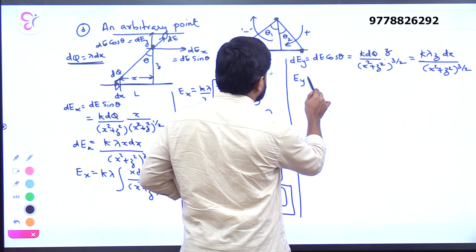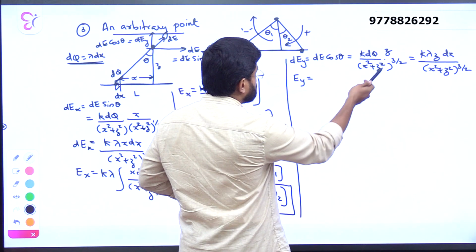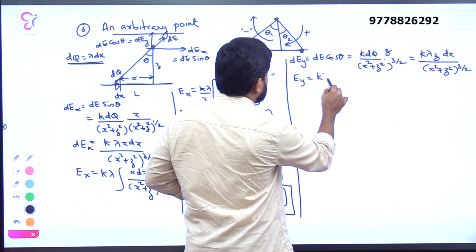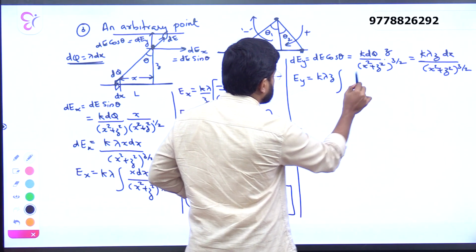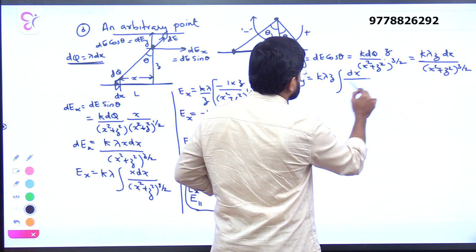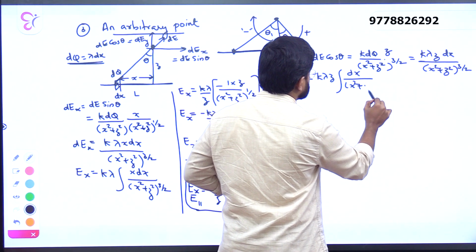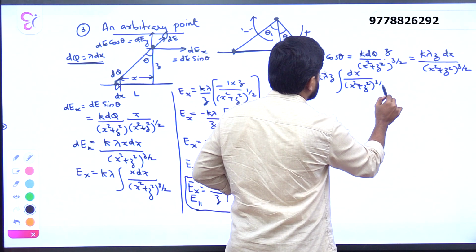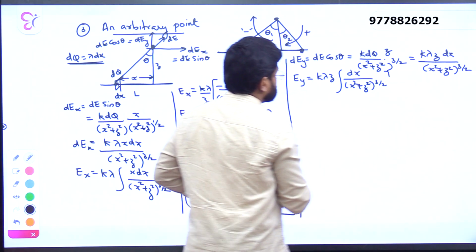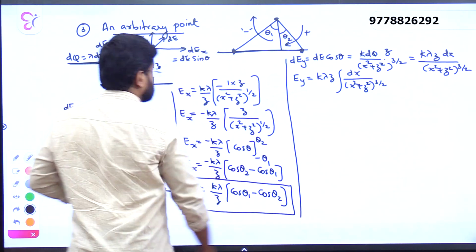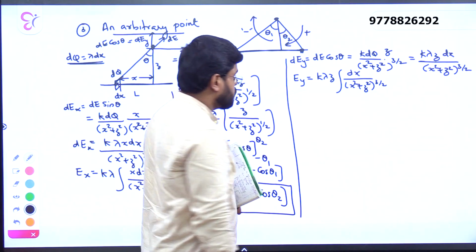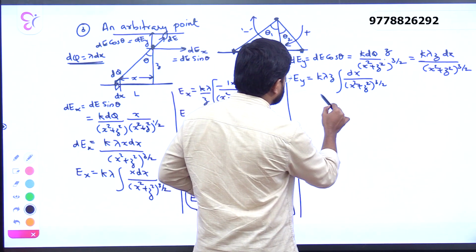So Ey is equal to integral that much. So it is k lambda z integral dx by x square plus z square whole power 3 by 2. Clear?